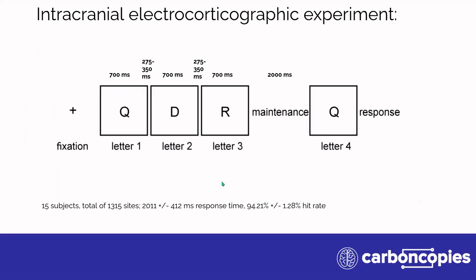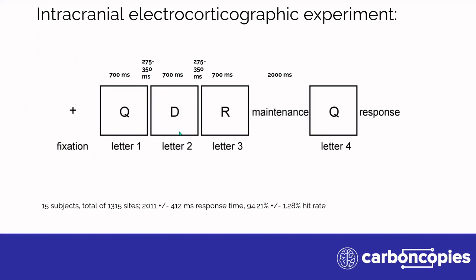And this is what the intracranial electrocorticographic experiment looked like. The patients were told to fixate on this cross, and then a number of letters were presented. Each letter was presented for 700 milliseconds, followed by a pause, a delay of 275 to 350 milliseconds.